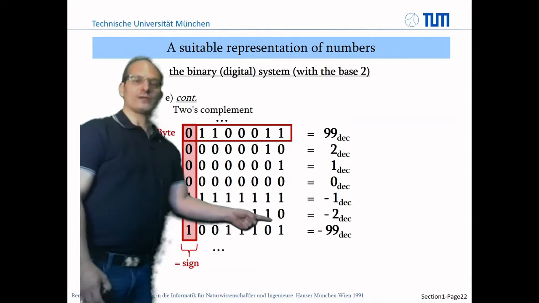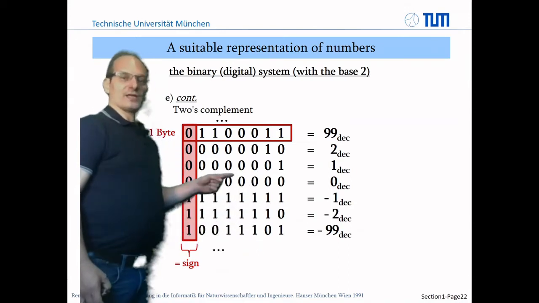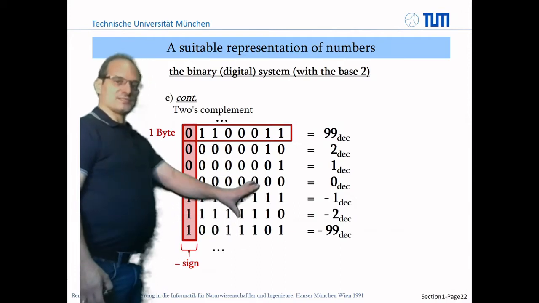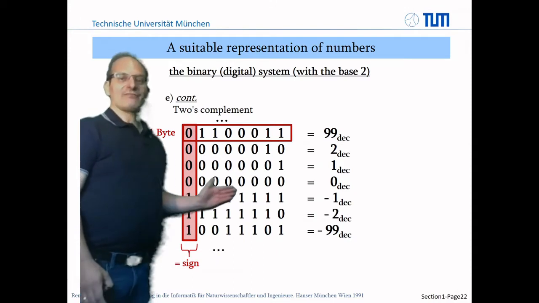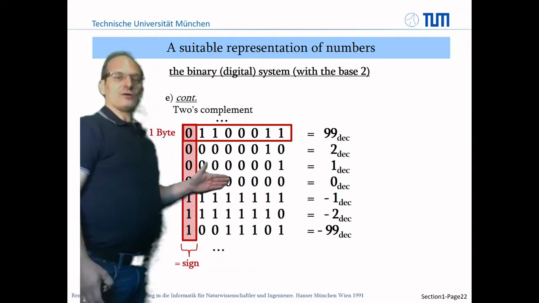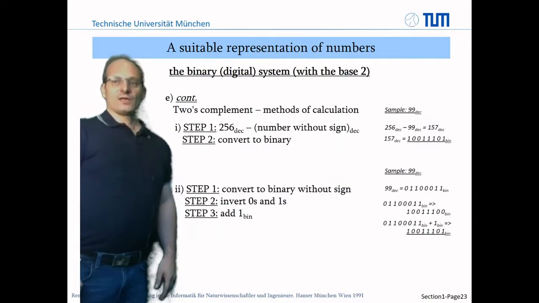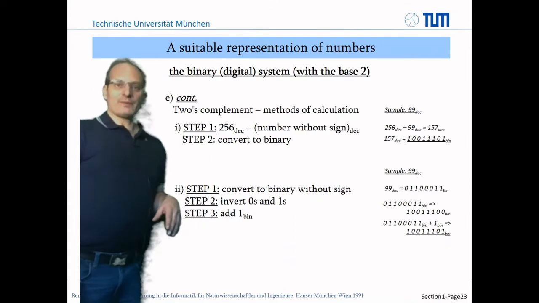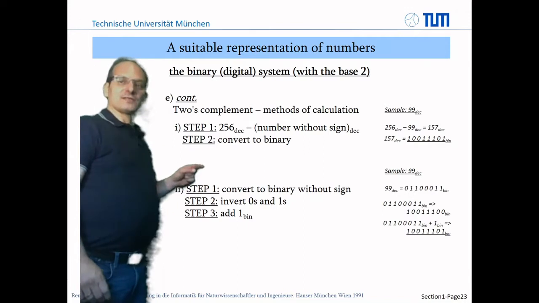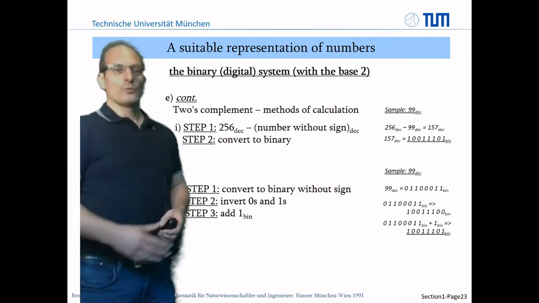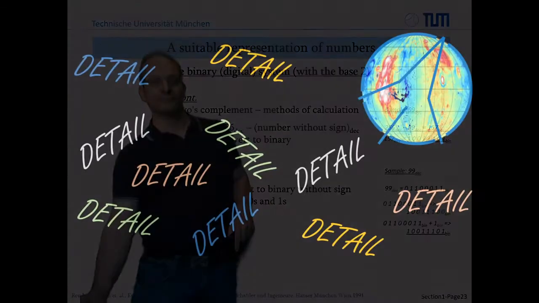So you always toggle each bit here, each second, each fourth bit sequence, and so on, so that at the minus range you have this setup, and on the plus range you have this setup. How can you calculate this two's complement? Here are 2 samples, but I want to show you this with another sample exercise.